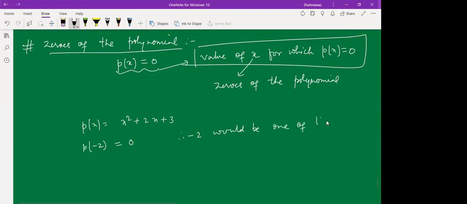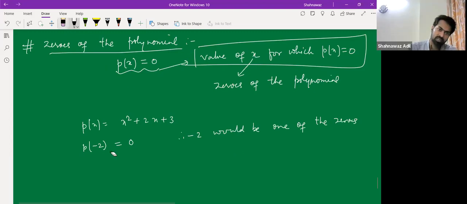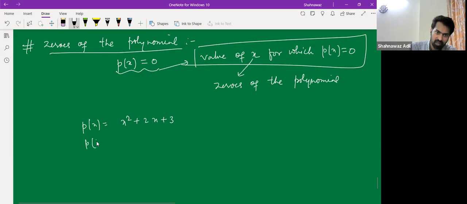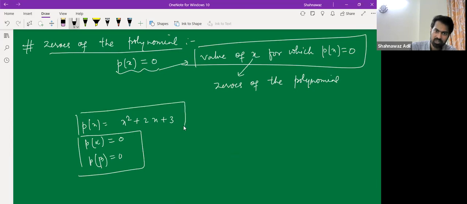Can we put any number in the place of x? No, we cannot. I just guessed, let's say, minus 2. So we have to put only the value for which this is 0. Let's say those values are alpha and beta.